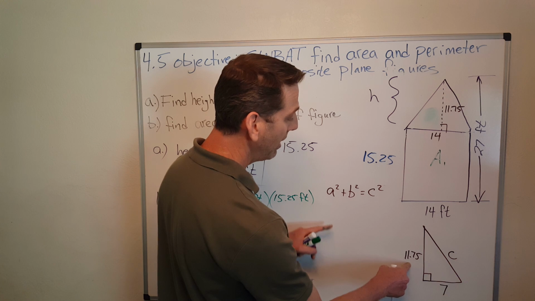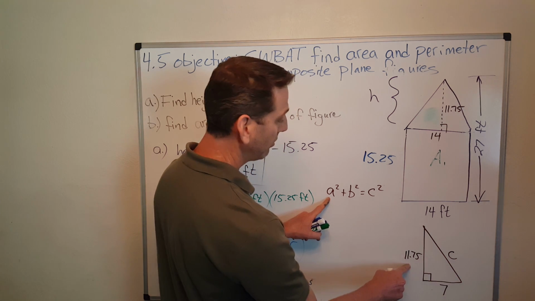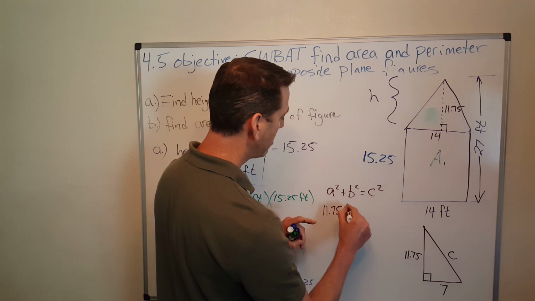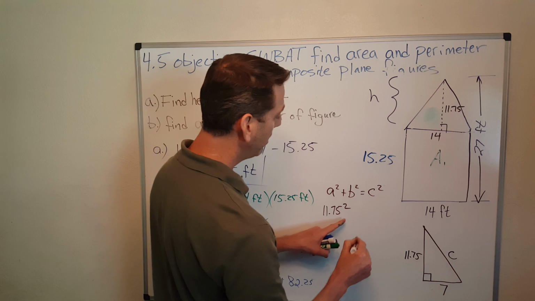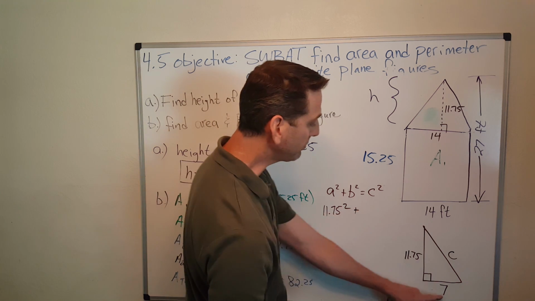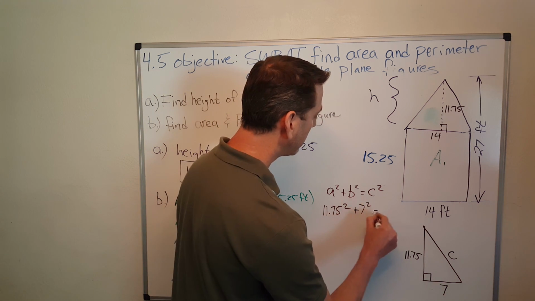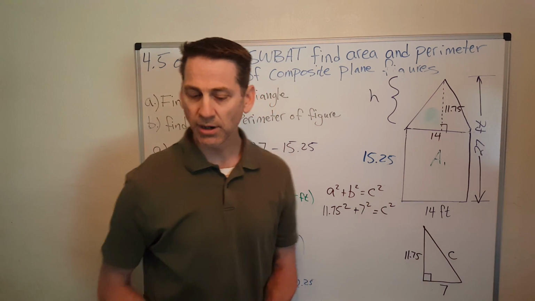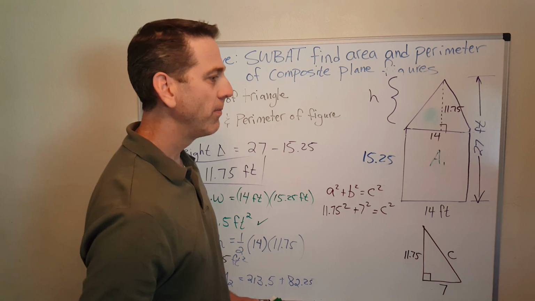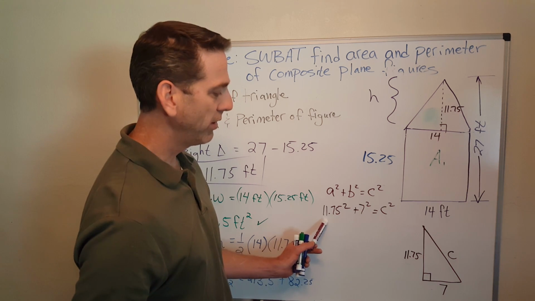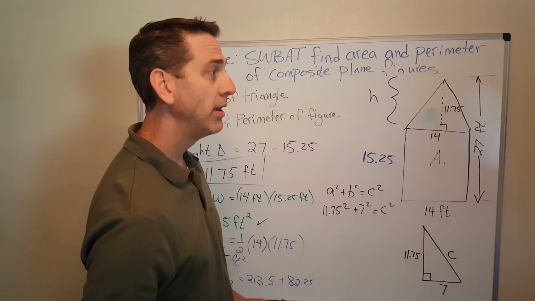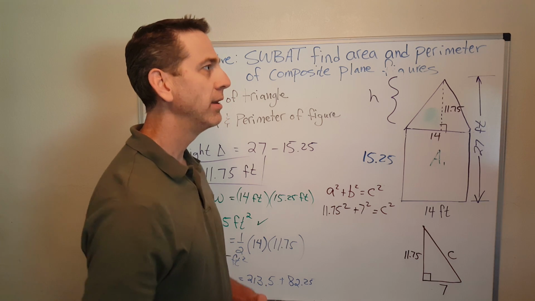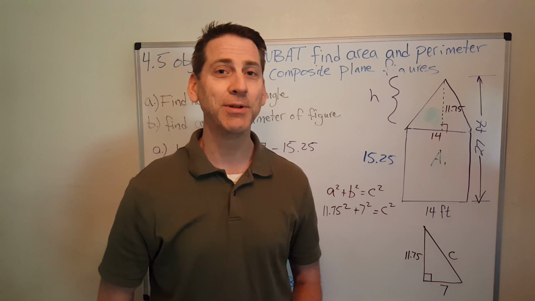So I'm going to call this A and this B and that's C. So this is 11.75 squared plus 7 squared equals c squared. All right? Now, we're going to have to square this guy right here. And I think what I'm going to do is pause the video and grab a calculator, because I'm going to need a calculator for this.